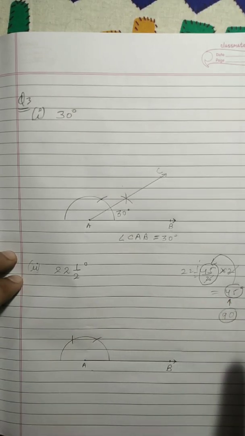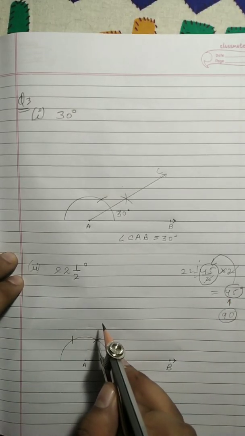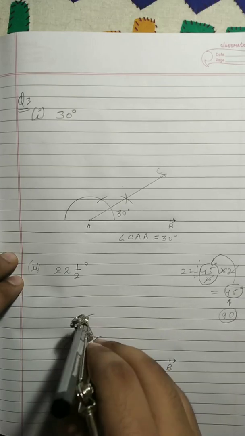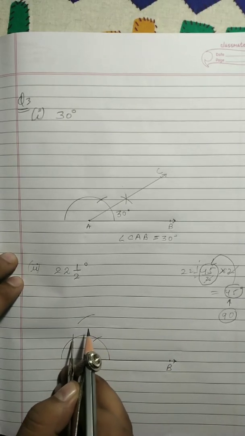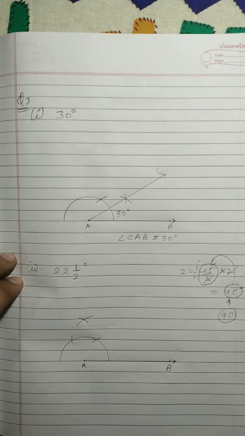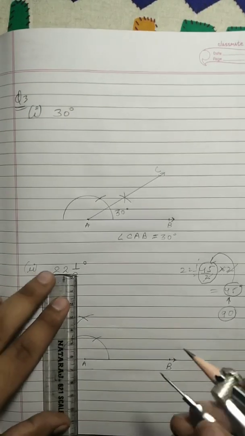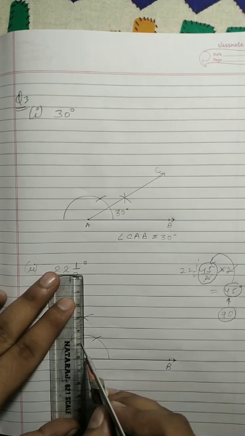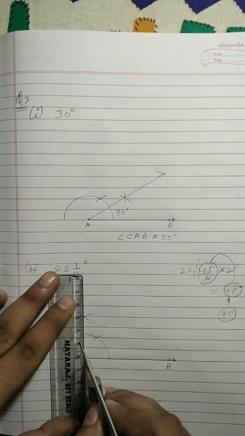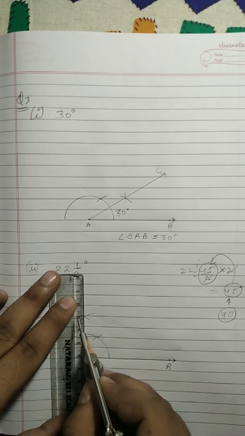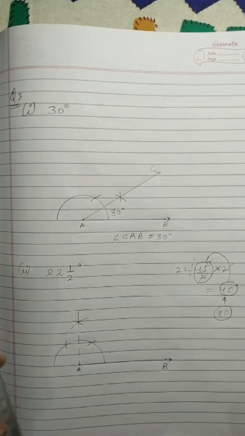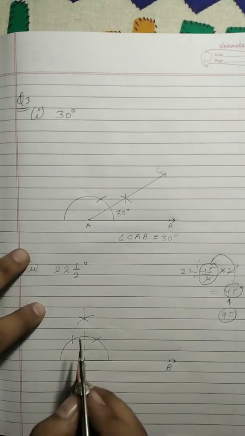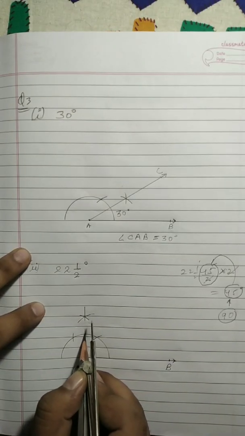Remaining 60, then 60 is this, and in between 60 and 120 we have 90. Let's make that. So joining 90. Now let us make it a dotted line. As we don't require 90 degree, but where 90 is intersecting?